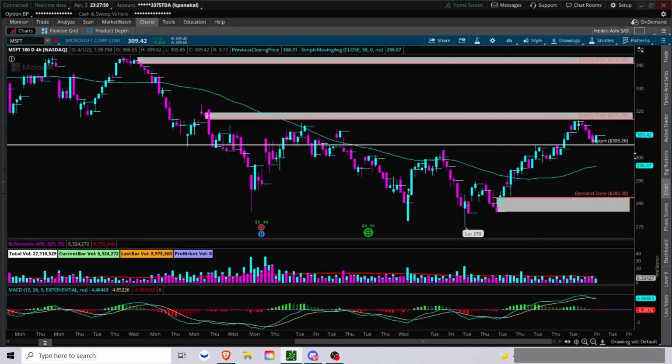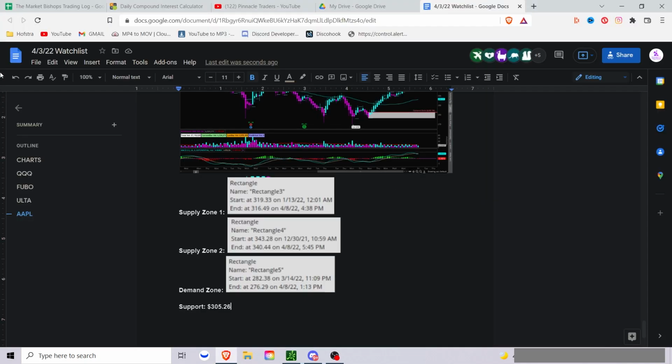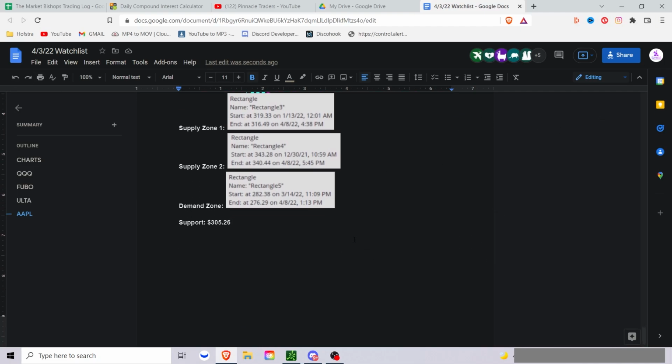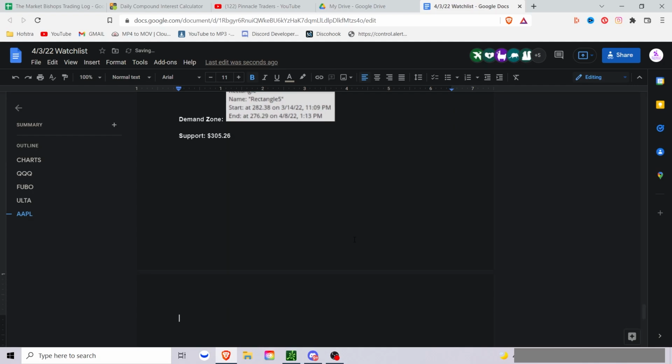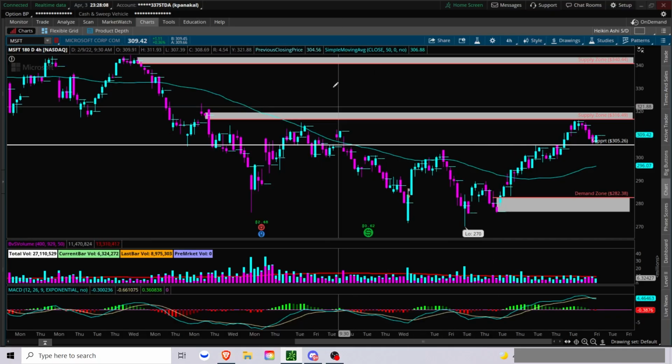I actually want to trade ULTA now. We'll see tomorrow how that goes. But we do have a support there, and we could basically use the supply zone as resistance, so we don't really need to plot any resistances, because we already have supply zones, so there's no need to plot any support levels.